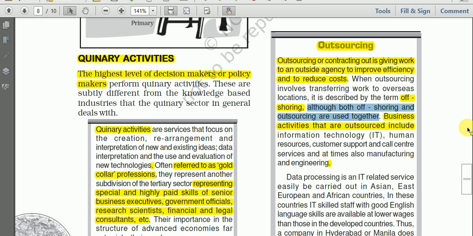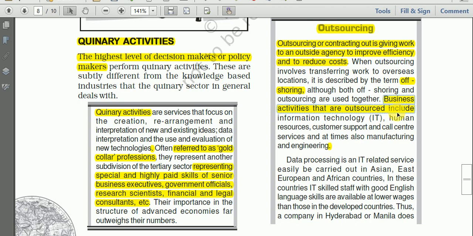An important example: business activities that are commonly outsourced include information technology, IT, then human resources, which is related to knowledge and skills, like teaching done by professors, then customer support, call center services, and engineering, and at times also manufacturing.